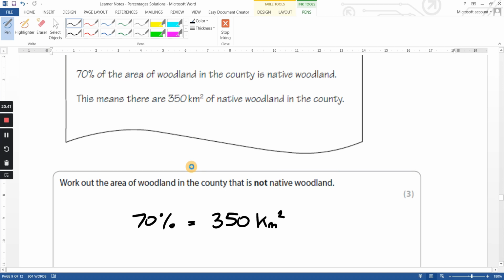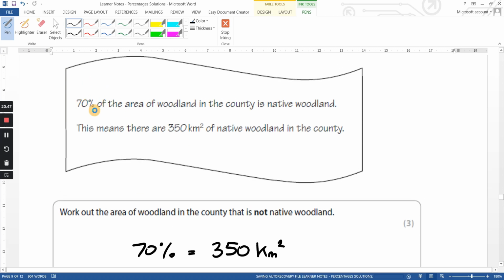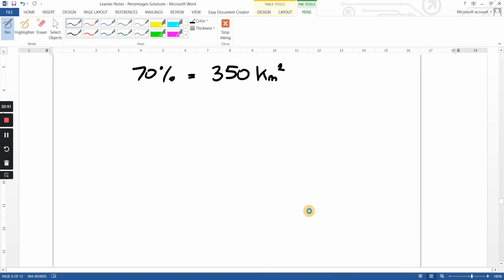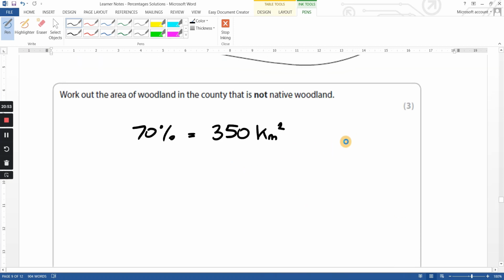We want the area of the woodland that is not native woodland. Well, if 70% is woodland, that must mean that 30% is not native woodland. So the area that's not native woodland is the rest.